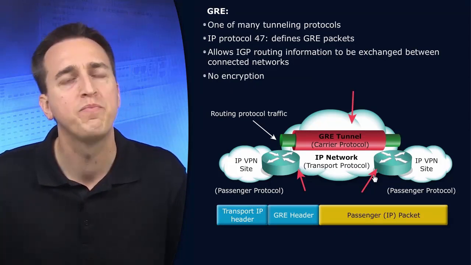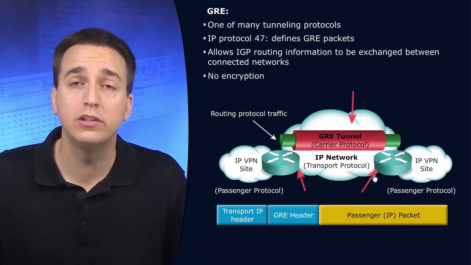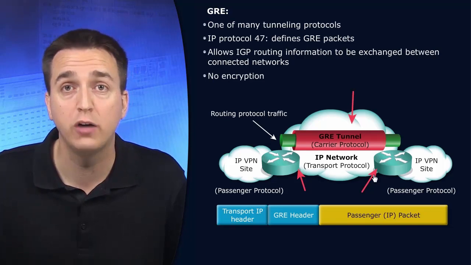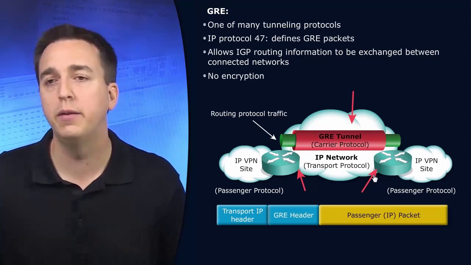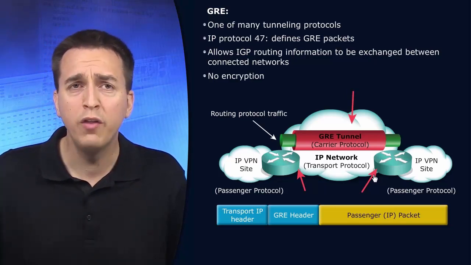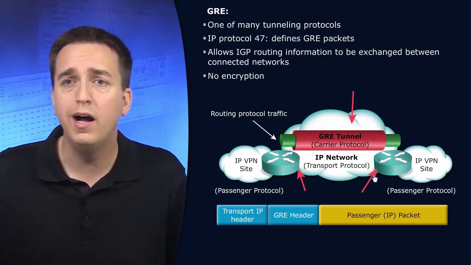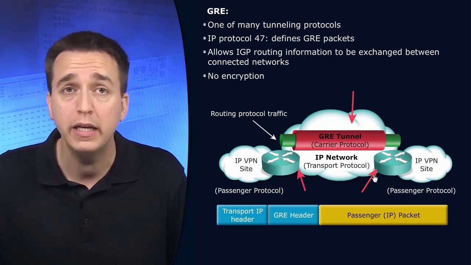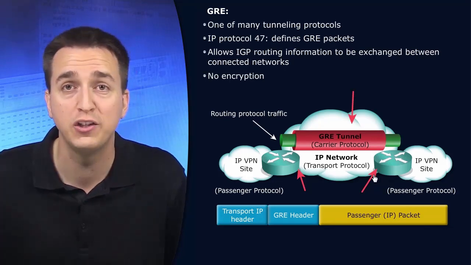It's not allowed. So instead, we can implement a tunneling solution such as GRE tunnels, generic routing encapsulation, which is a tunneling protocol that was produced by Cisco. And the whole point of this protocol was to allow many different types of packets to be transmitted through this tunnel across networks that typically would not support it.